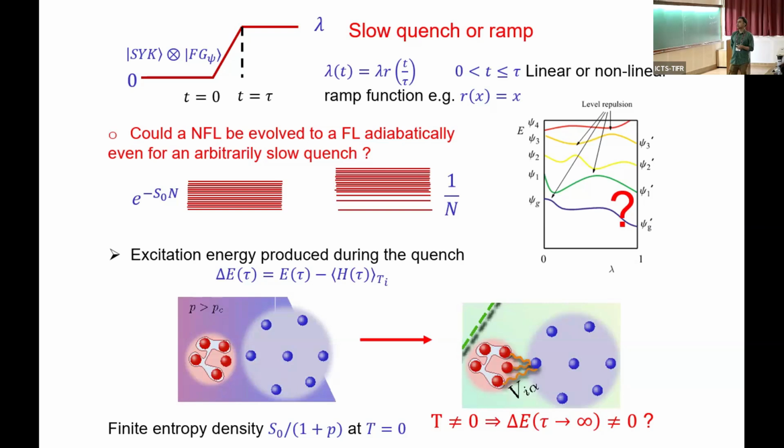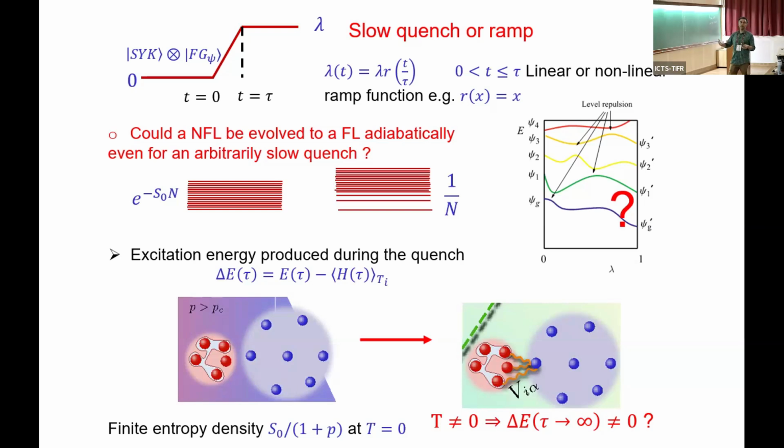So you can look into this quantity: the expectation value of the final Hamiltonian at the initial temperature. If the system doesn't heat up and stays at the initial temperature, then whatever instantaneous energy I get after the quench should be the same as this, if I can do it adiabatically. Of course it will depend on tau.